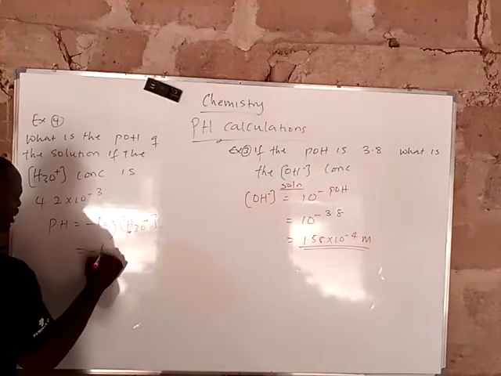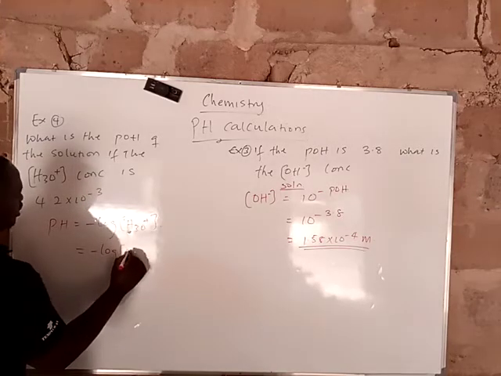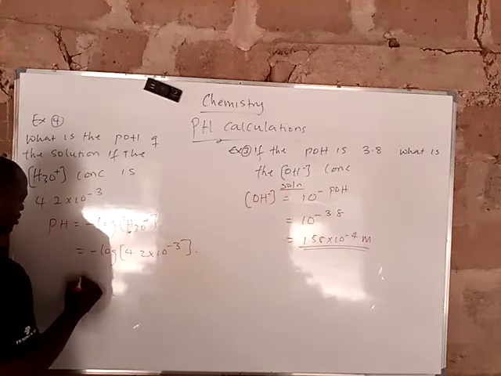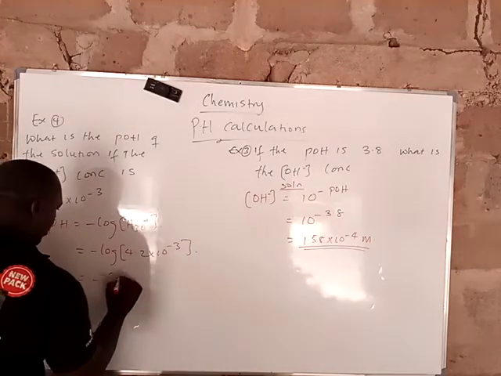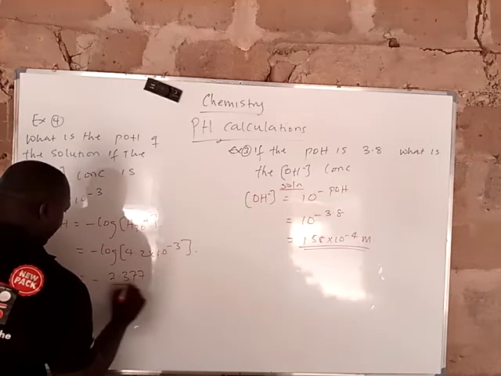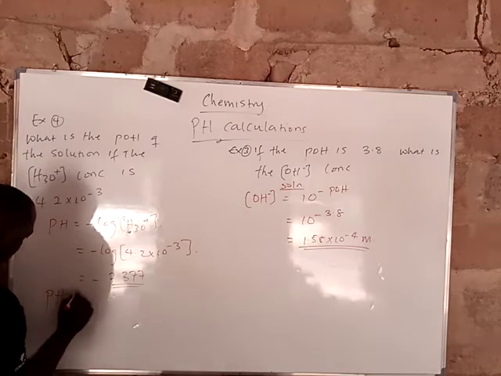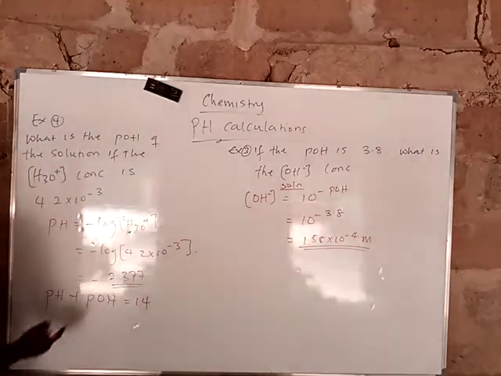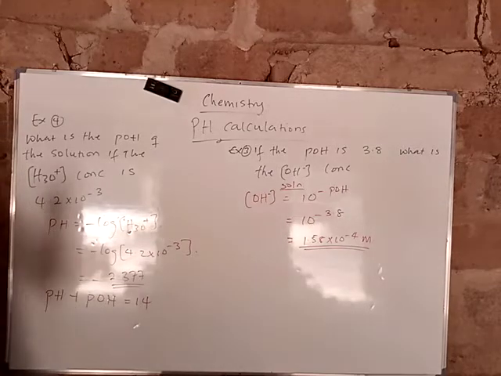So minus log of 4.2 times 10 raised to the power minus 3 will give you an answer of 2.377, right? But remember that pH plus pOH is equal to 14. All you need to do right now is make pOH the subject of the formula, and then you get your answer straight.